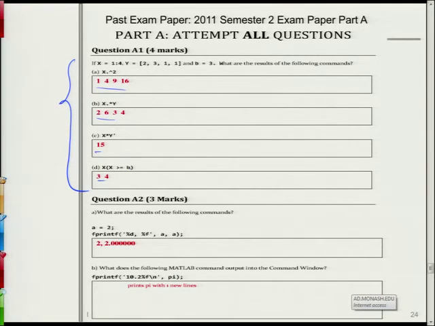Which of A, B, C, D do you feel confused about? Oh, okay. Very easy.